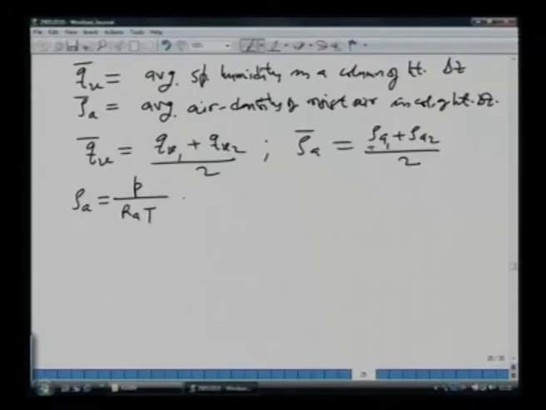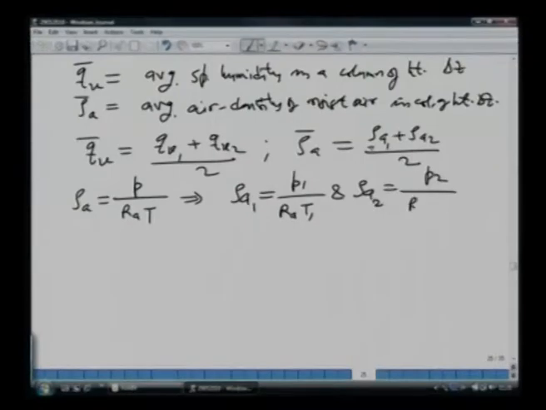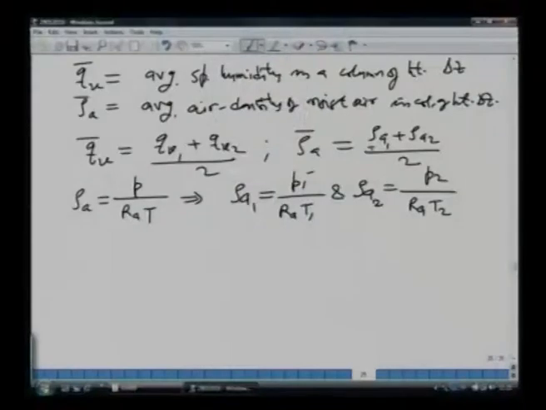This will give you rho A1 as P1 over RAT1 and rho A2 as P2 over RAT2. So, the ideal gas law is applicable at all the heights. All we are doing is finding the density of the moist air at different heights. How can we do that? We know the pressure and temperature on the ground, we know the ideal gas constant, and then we can find out what P2 and T2 will be.